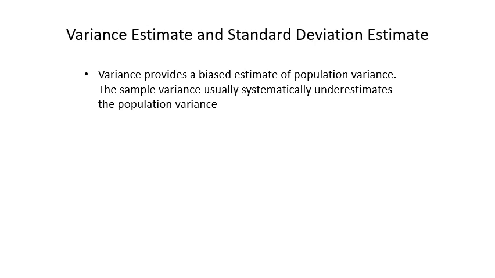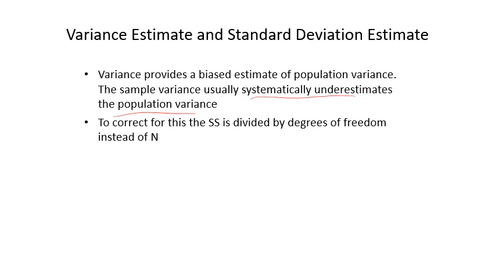One issue with samples is that the variance is biased. It systematically underestimates variance. So we actually have a correction factor when we're doing samples, in that we do our sum of squares divided by our degrees of freedom.